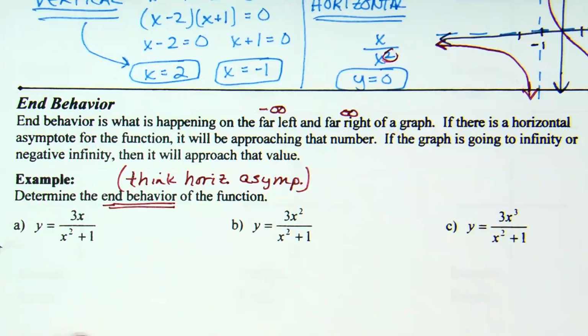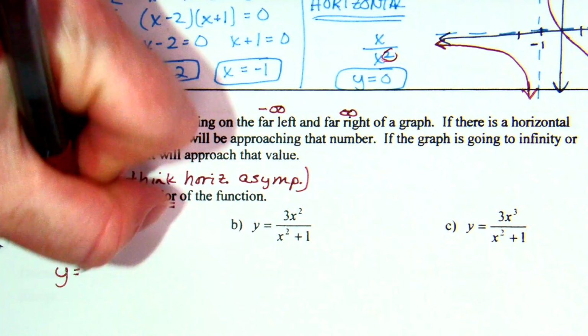So as we look at A, work with me guys, y equals 3x over x squared plus 1. Biggest power's on the bottom, so what's that mean? y equals 0.